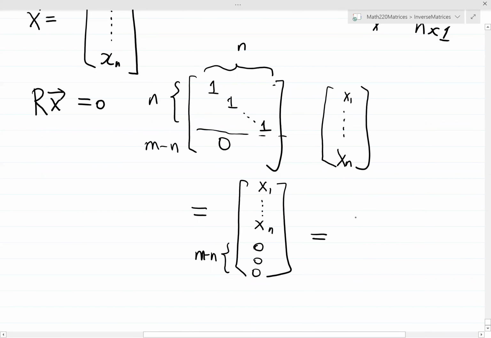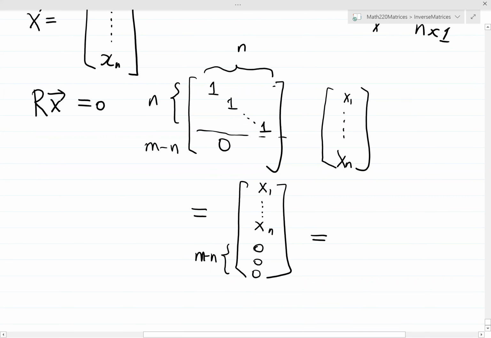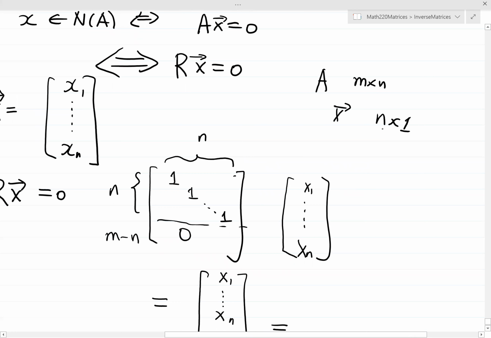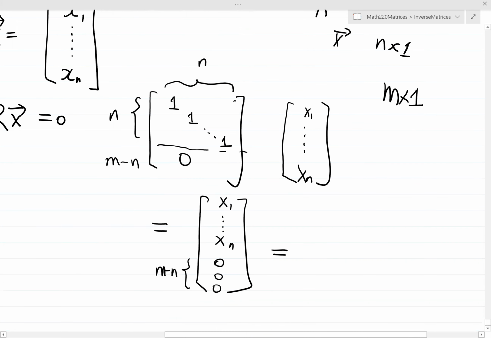So this is the zero vector. We plug in the n by 1 vector x. Then what we get, after the n cancels, is m times 1, so it's m rows: x1 all the way to xn, and then a bunch of zeros, which is m minus n of them. So it's m rows and 1 column.